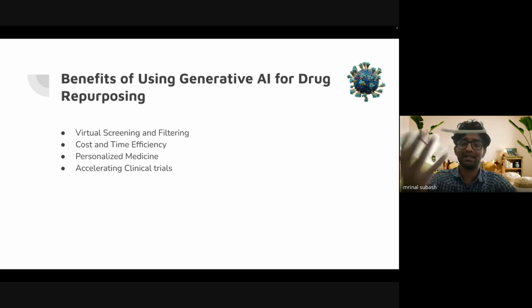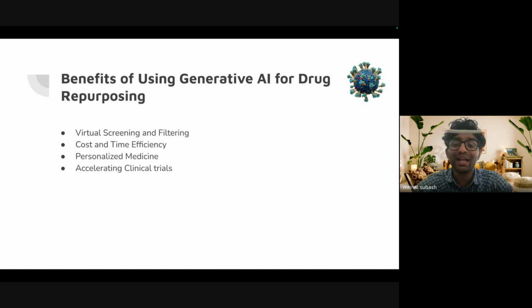But when AI intervenes, it is reinventing this drug and giving it a new purpose by channelizing this drug to operate on a certain level where it can cure another disease. So that is the beauty of how generative AI can be used for drug repurposing.